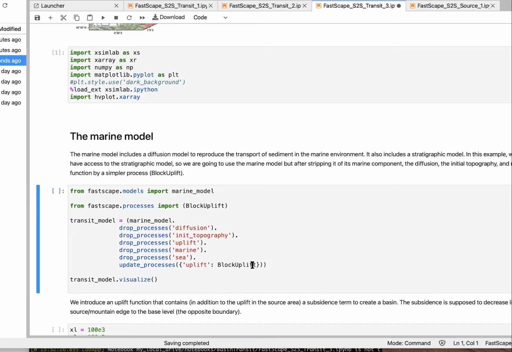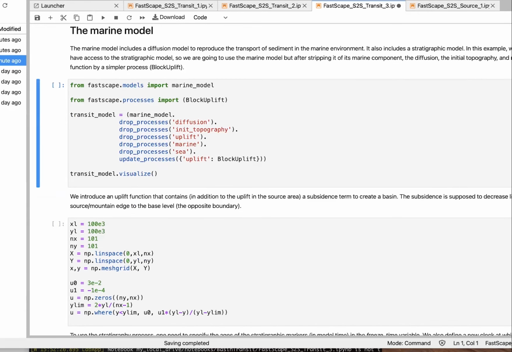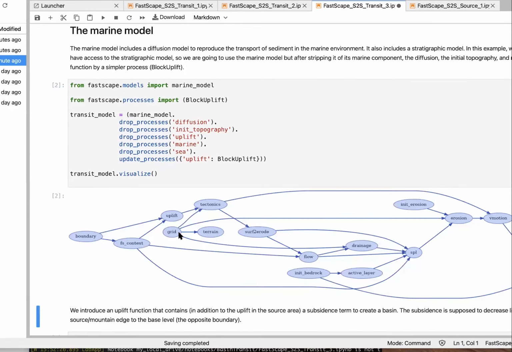And I'm not interested in sea level, so I remove sea level, which is another process, okay? So it's a terrible way to get access to stuff, but I was lazy on the day, and I thought it was the easiest way. So now my model looks exactly like the sediment model we had before, without diffusion, but with a little strati process here that allows me to do the stratigraphy, okay?